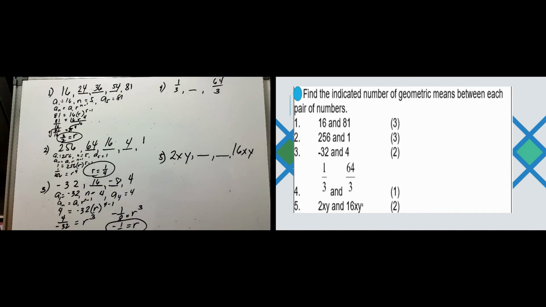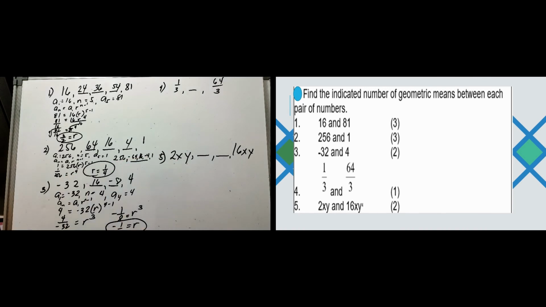By the way, if we're going to use for number 2 the negative 1/4, we're going to have alternating positive and negative. So another solution is 256, negative 64, 16, negative 4, and 1.